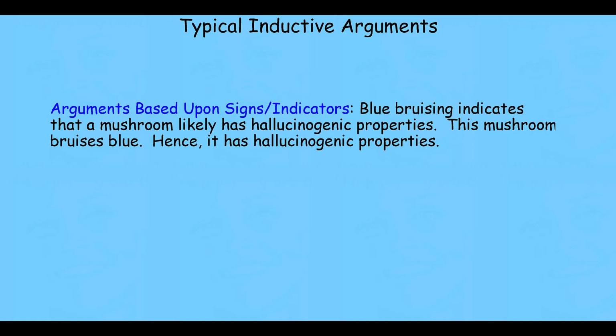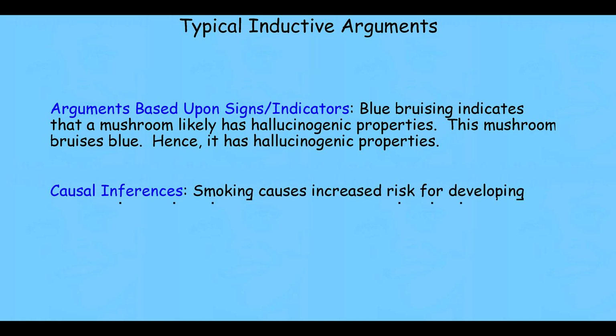Blue bruising indicates that a mushroom likely has hallucinogenic properties. This mushroom bruises blue, hence it likely has hallucinogenic properties. But again, truth of the antecedent premises doesn't guarantee the truth of the conclusion. And so we're always taking a certain amount of epistemic risk when we make that inductive inference based on signs or indicators.